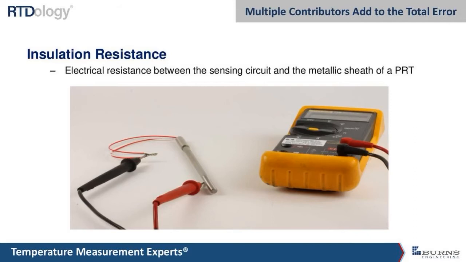If we get any contamination or moisture in the probe, it's going to cause the resistance to drop in that probe, and so you're going to get a bad temperature reading. The magnitude of this error is not very large, but it is nonetheless an error source. In addition to shifting the resistance down from what it should be, it will make the probe not very repeatable.